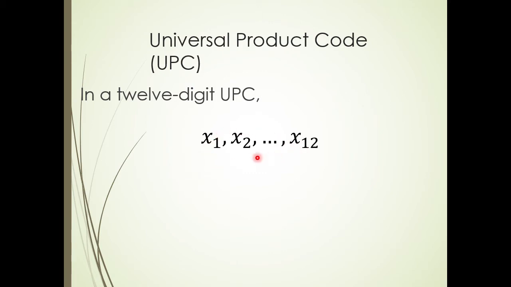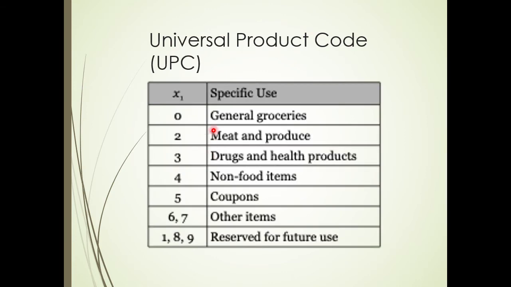Now, what is the significance of these digits? The first digit, x1, is for the specific use of the product. For example, 0 for general groceries, 2 for meat, 3 for drugs, 4 for non-food items, and so on and so forth. And this could be outdated, so you don't have to memorize these things.